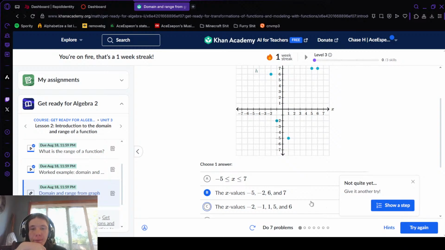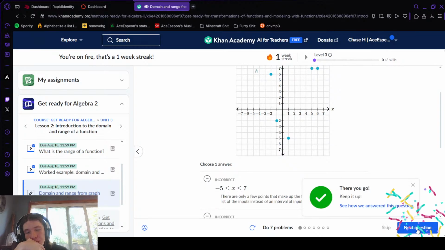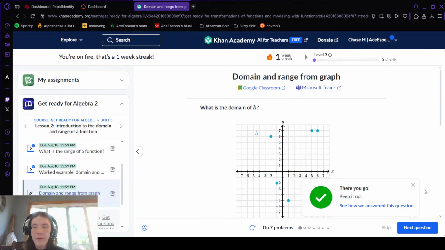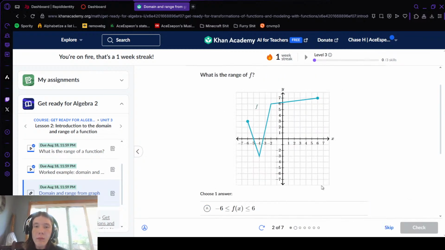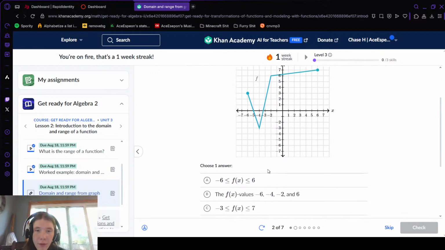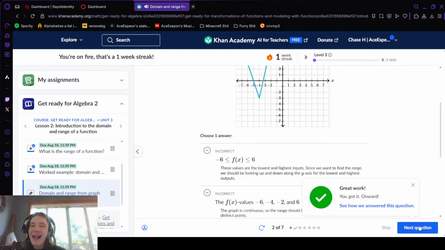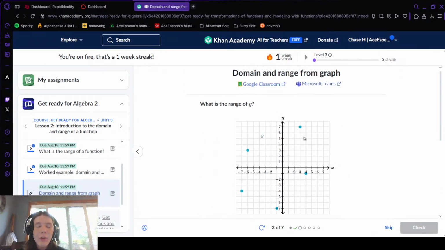What? Domain, ranges. Okay. 3, 7. Okay. Range.